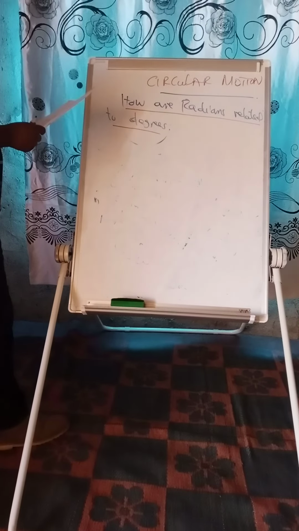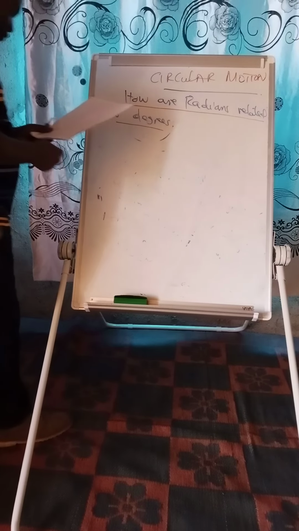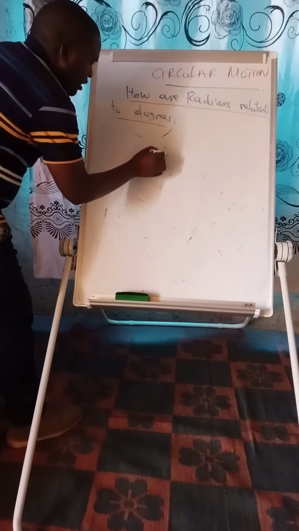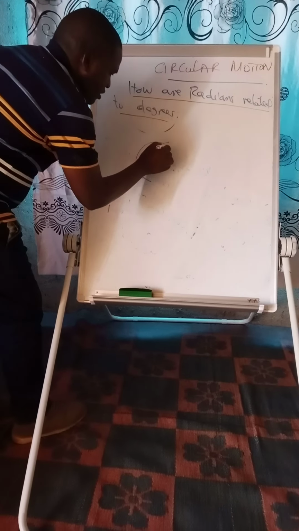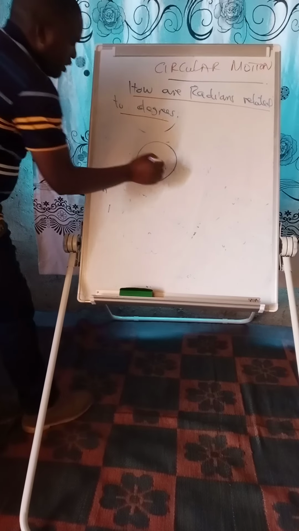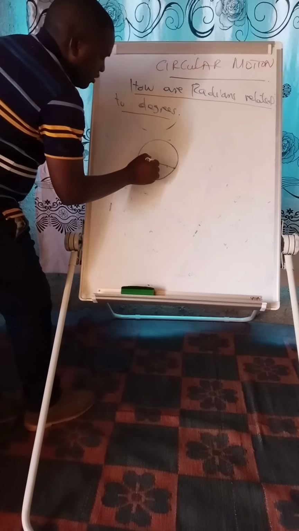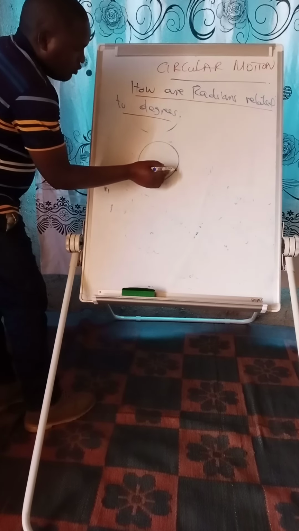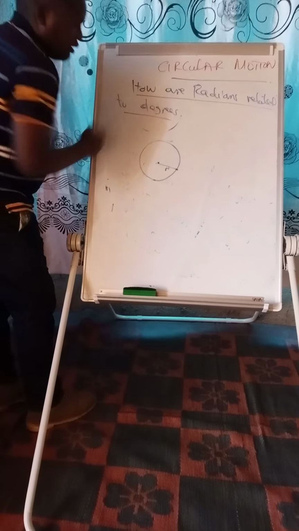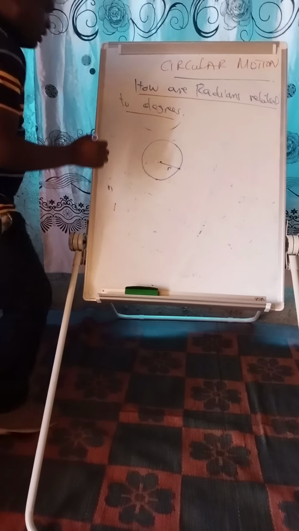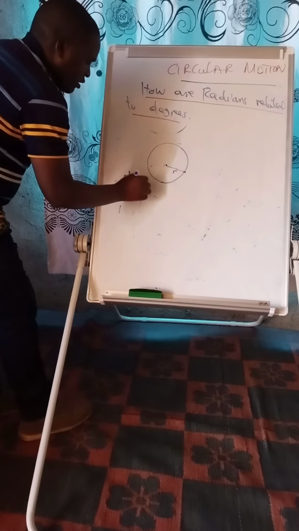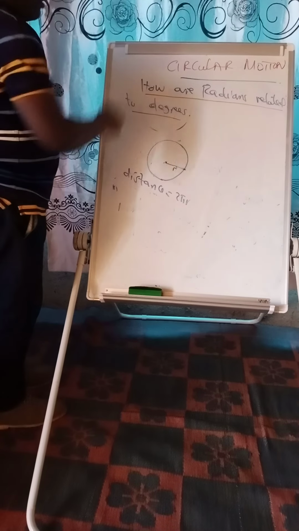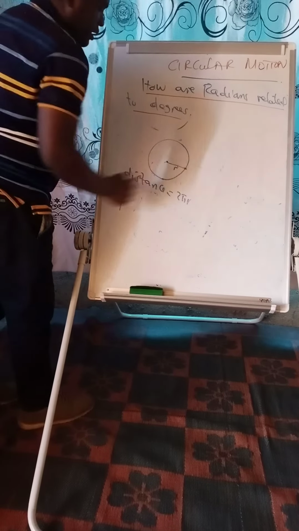If an object moves all the way around the circumference of the circle, let's say an object starts at this point, this is the center, and it moves all the way around the circumference of a circle, we'll say it has moved a distance of 2 pi r. It means the circumference of a circle is 2 pi r.